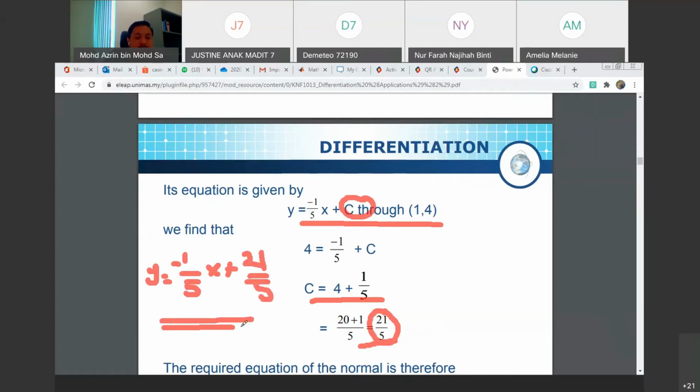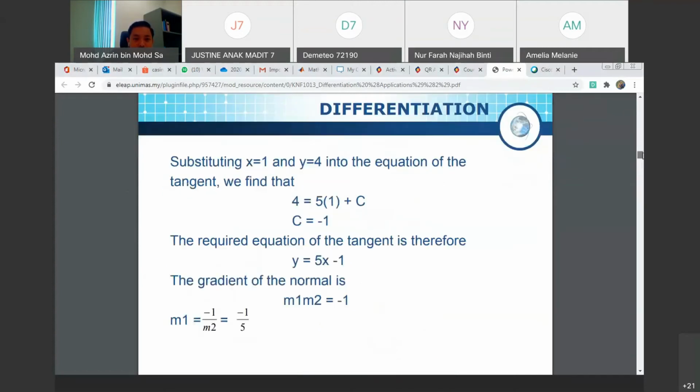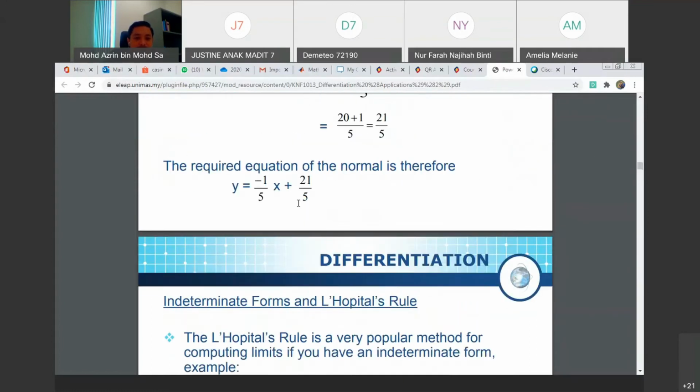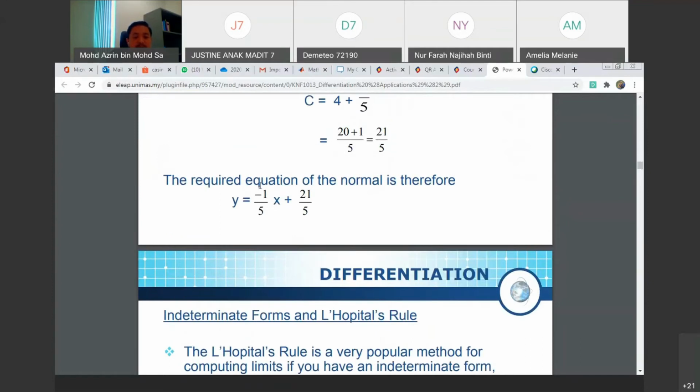So this is your normal equation for the line of the given curve y equal to x cubed plus 2x plus 1 at point 1, 4. So this is your answer. Okay. So that is the first one, which is the differentiation can be used normally in tangent and normal line equation.